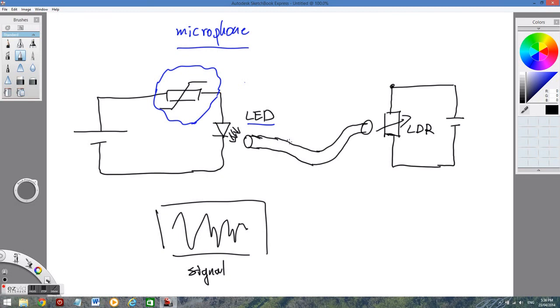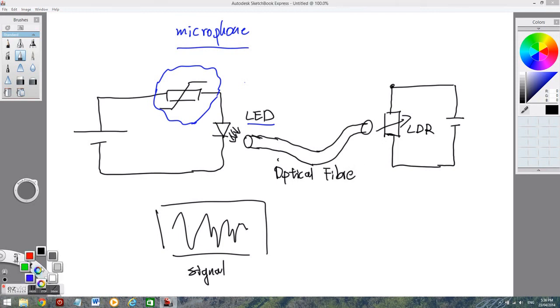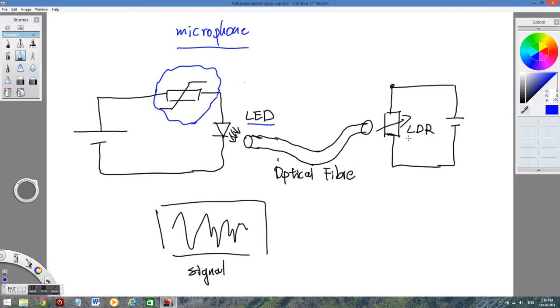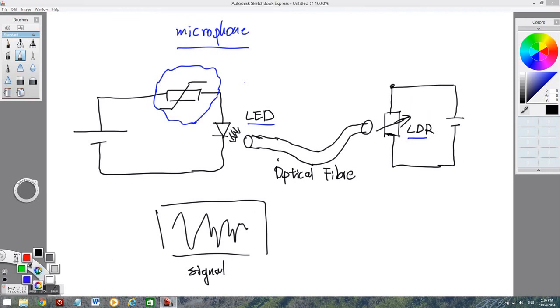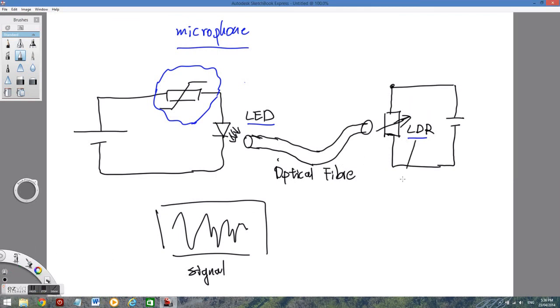At the destination, there is a device called a light-dependent resistor, a resistor whose resistance changes due to the light intensity.